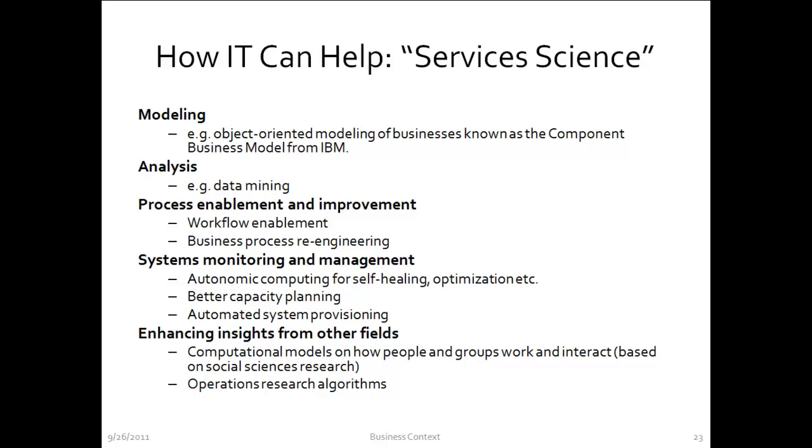The second area where IT can help is in analysis. So once you have your data, once you have your model, you can write programs, you can write algorithms such as data mining algorithms to analyze how your business is doing, how your business is performing, and in order to suggest ways for improvement. The third way is essentially around automation. So you can take the business processes that exist within an organization, the way people do things in an organization, and automate them.